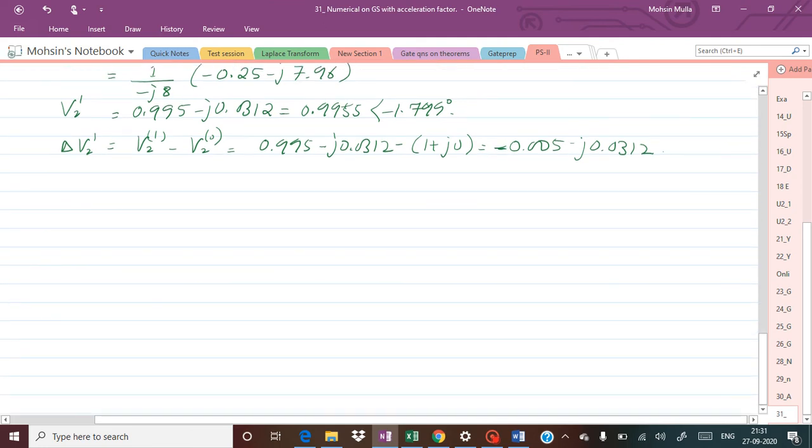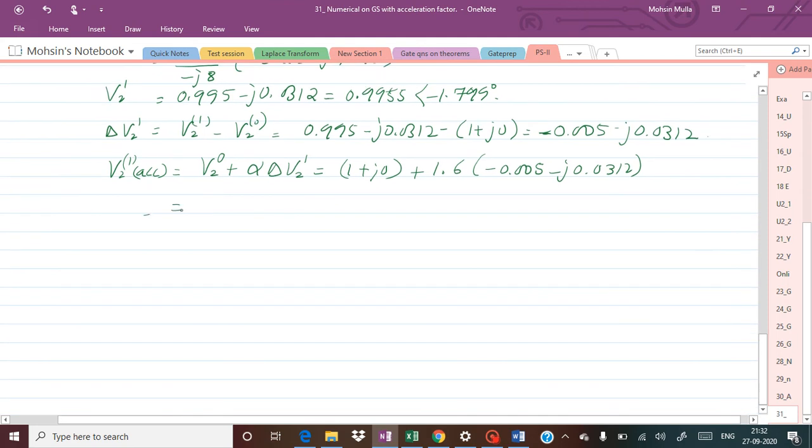Now the accelerated value of v2 of 1. So v2 of 1 accelerated will be equal to v2 of 0 plus alpha times del of v2 of 1. Here v2 of 0 is 1 plus j0, plus the acceleration factor, which is assumed to be 1.6, times the difference value that we have written, minus 0.005 minus j0.0312.